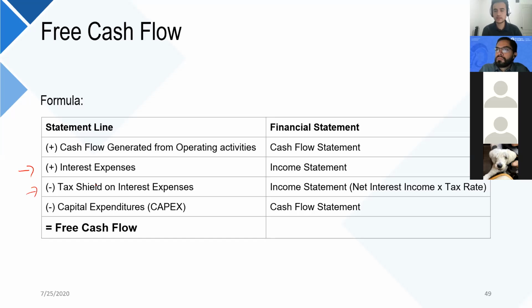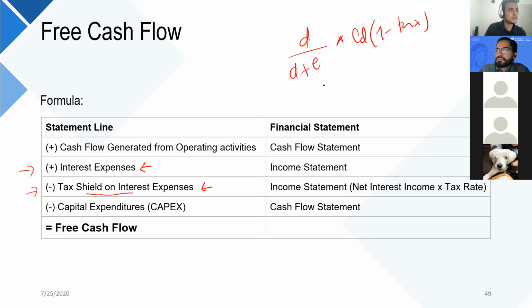When you discount the free cash flows, what you are doing is actually taking back the interest and adding the tax shield. That's why in the formula for WACC you have debt divided by debt plus equity, times the cost of debt, times 1 minus the tax rate. So that part of the formula is adding the tax shield on the interest expense. That is this thing here. This is the tax shield.